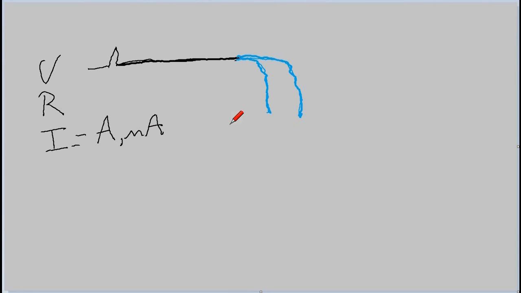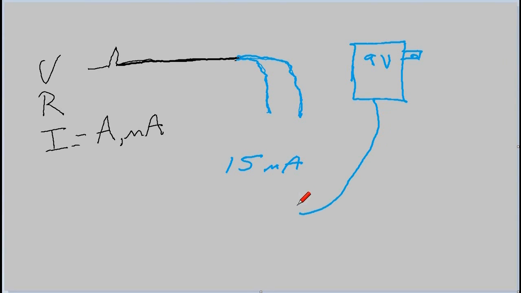So if I have an LED that draws 15 milliamps, and I have a power supply, we'll call it a 9-volt power supply, plugged into the wall, and it comes out and it's connected.